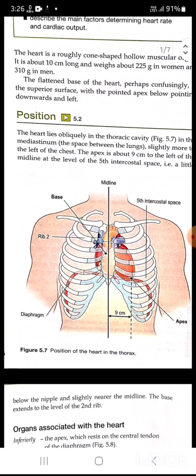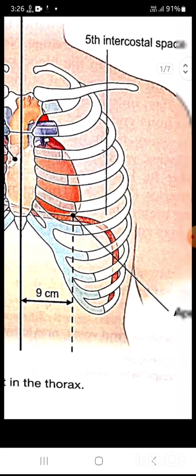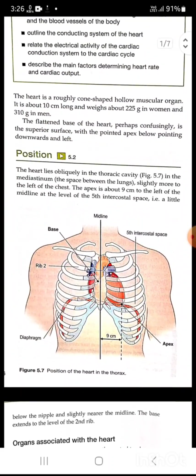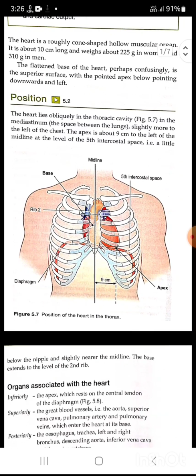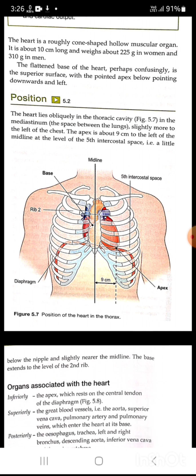Slightly more to the left of the chest, it is toward the left side of the body. The apex is about 9 cm to the left of the midline at the level of the fifth intercostal space. You can see the 9 cm and the fifth intercostal space.